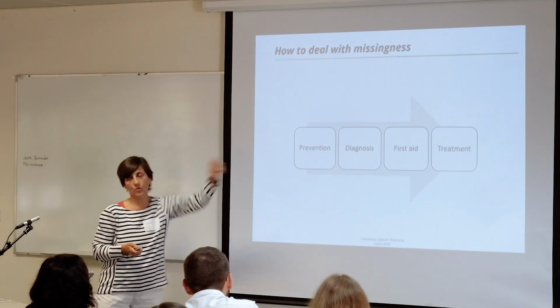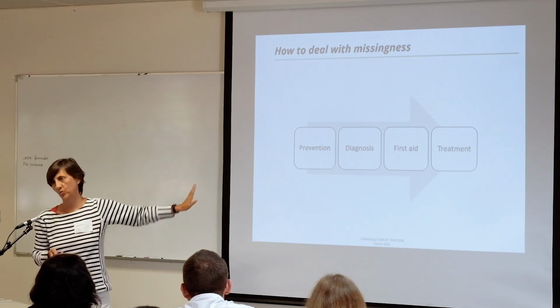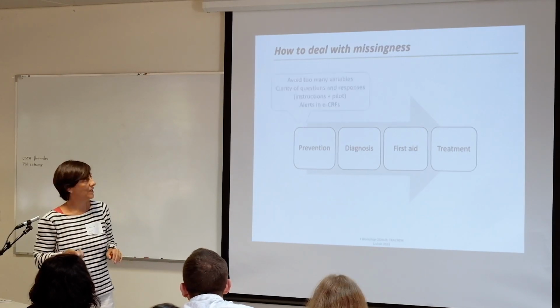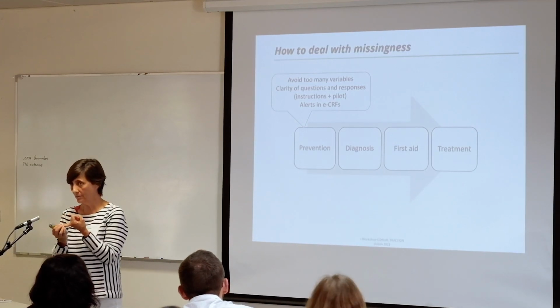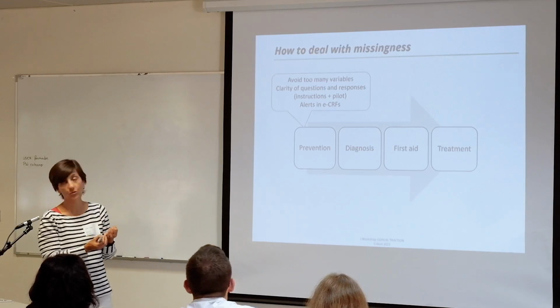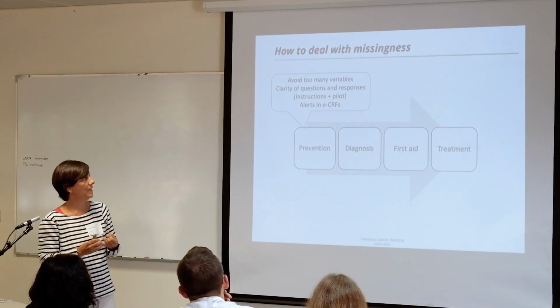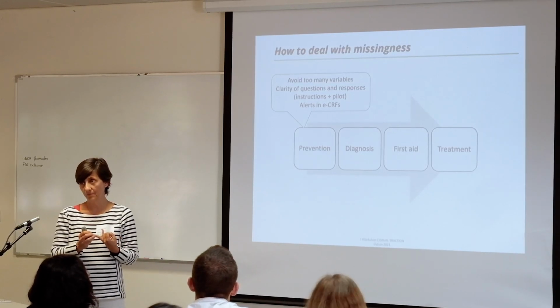Okay, so we have four times where we can do something. Best of all, to prevent, right? So what can you do to prevent? Not to have too many variables. The more variables that you have, the higher the probability to have holes in your data. The questions and the responses have to be very clear.